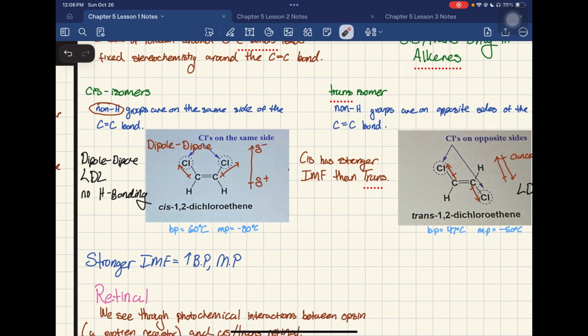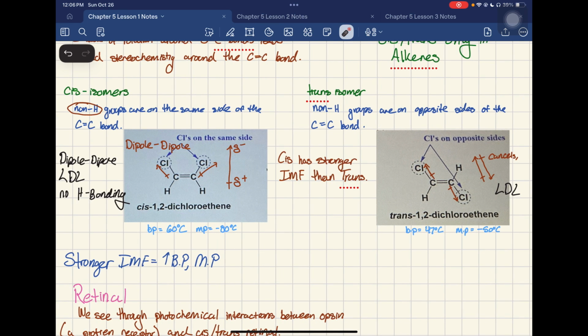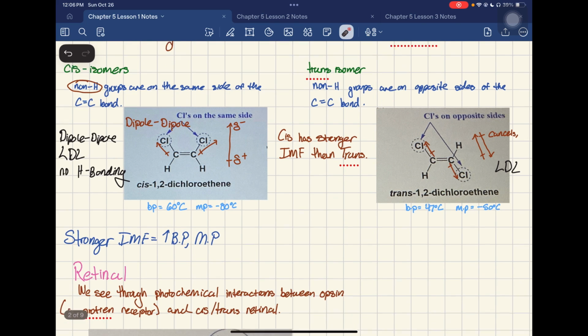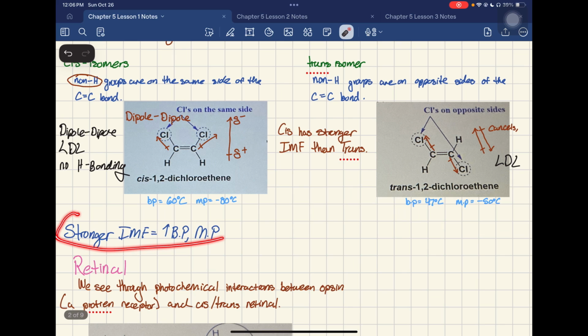We don't have hydrogen bonding, but we have dipole in here, which means that the cis has a stronger intermolecular force than the trans. And stronger intermolecular force is going to mean higher boiling point, higher melting point. It's good to remember that as just stronger intermolecular force means higher boiling, higher melting. It's going to be harder to break those down.